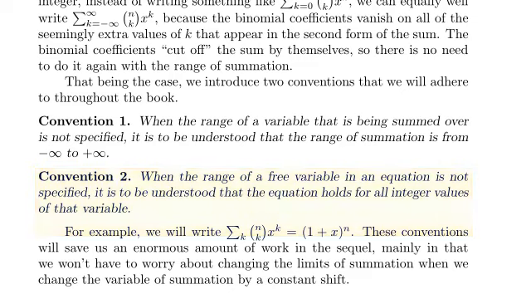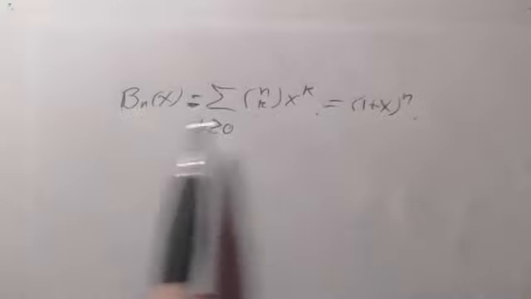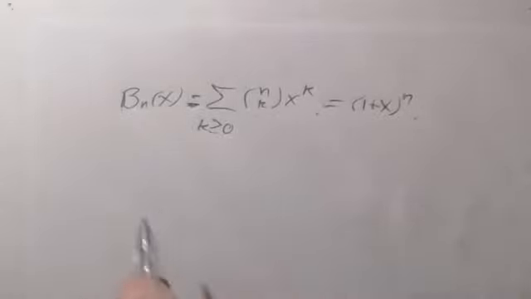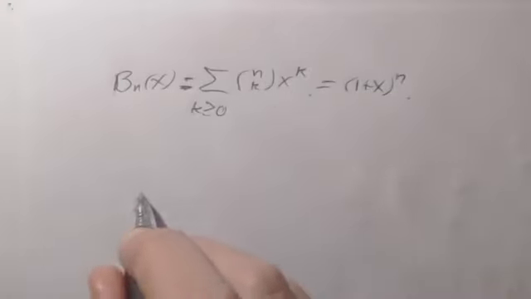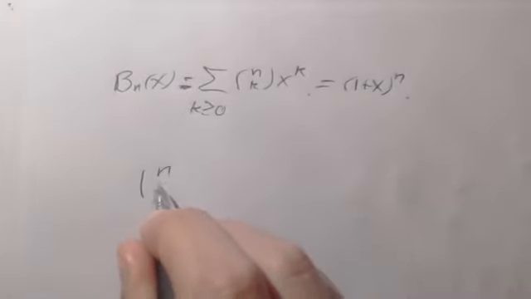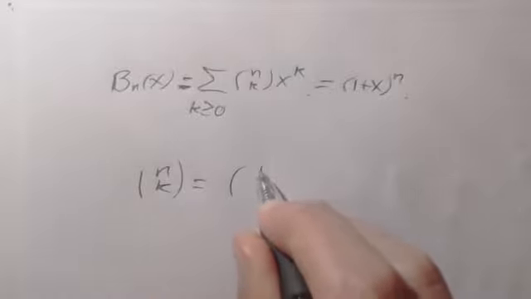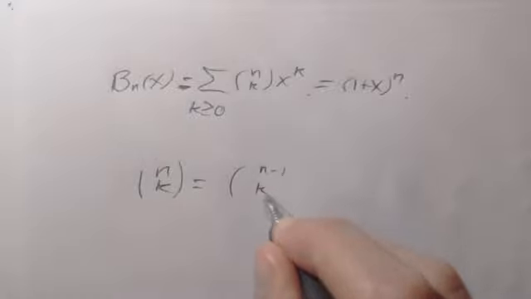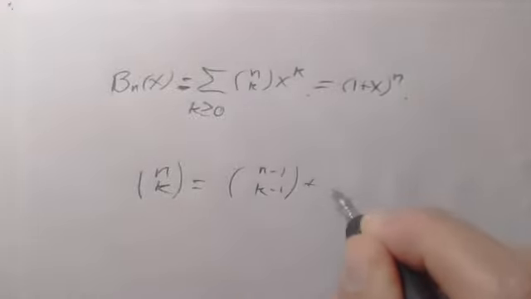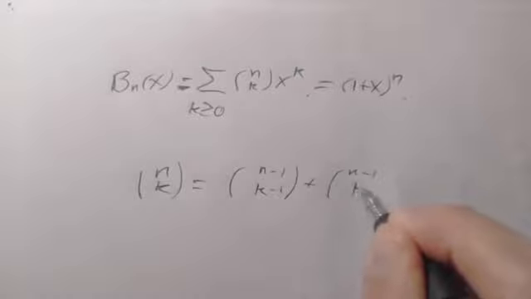And the way we got this for integers n was we had the following recurrence relation. So we had that n choose k was equal to n minus 1 choose k minus 1 plus n minus 1 choose k.